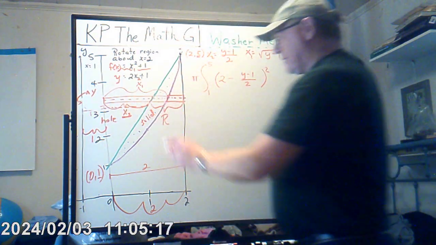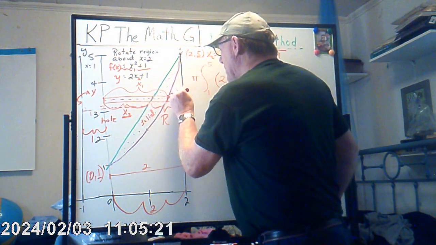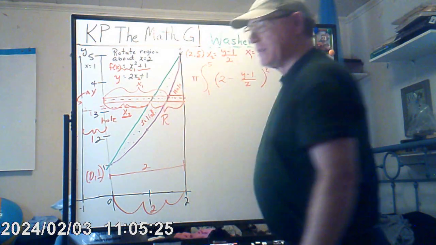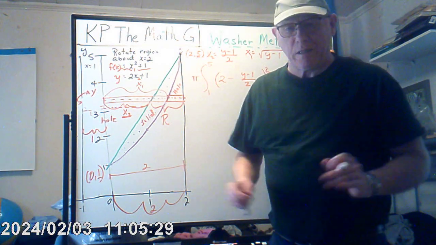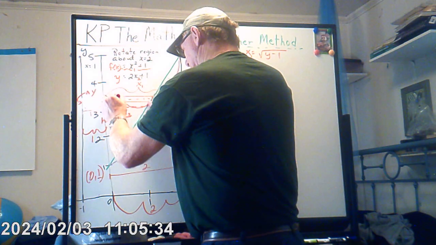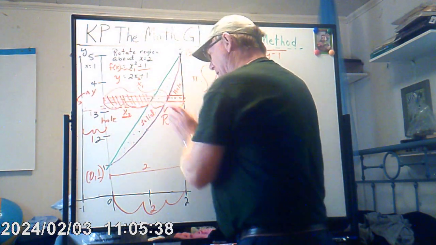This is not my hole anymore. Remember, the hole is here. Here is the hole. The hole is over here. But this helps me see everything. Okay, I see everything clearly. I know that this is 2 and I need to subtract off this. If I could just somehow subtract that off right there, I'll have the rest of that.